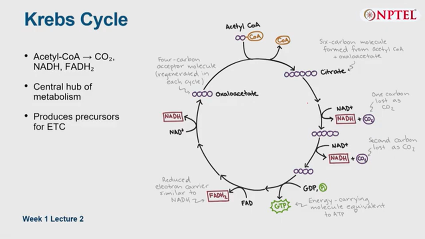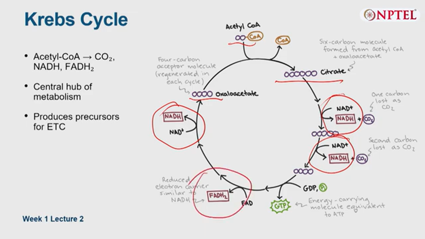So here you can see oxaloacetate is 4 carbons, acetyl-CoA is 2, forming a 6 carbon molecule, citrate. Then here is 1 NAD, here 1 NAD, and here 1 NAD per pyruvate oxidation process. So 3 NADH is formed, 1 FADH2 is formed, and 1 GTP or ATP is formed.